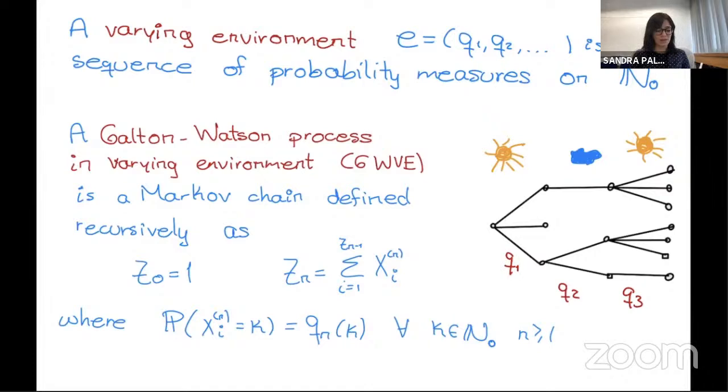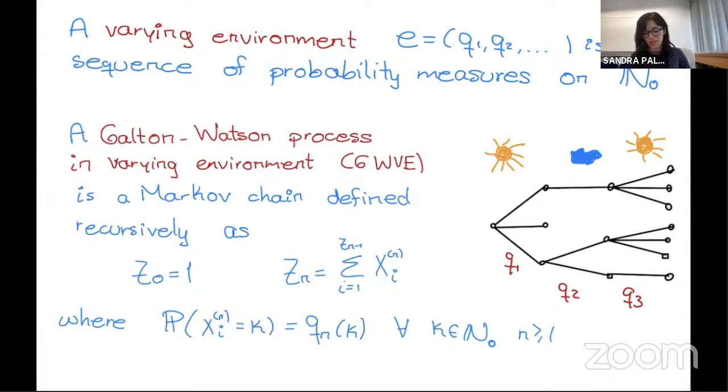We start with one individual, Z_0 equal to 1, and then Z_n will be the sum from i equal to 1 up to Z_{n-1} of X_{i,n}. Here, the X_{i,n} are independent random variables, all of them with distribution Q_n. This represents the number of children that individual i in generation n minus 1 gives to generation n. So the probability that X_{i,n} has exactly k children is equal to Q_n of k.